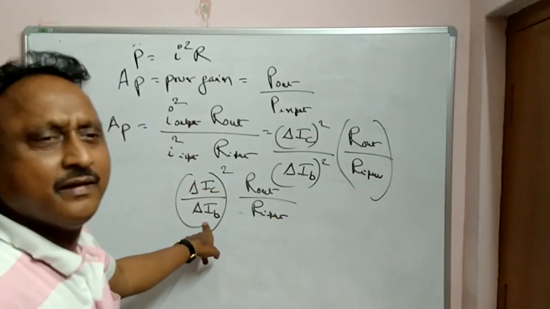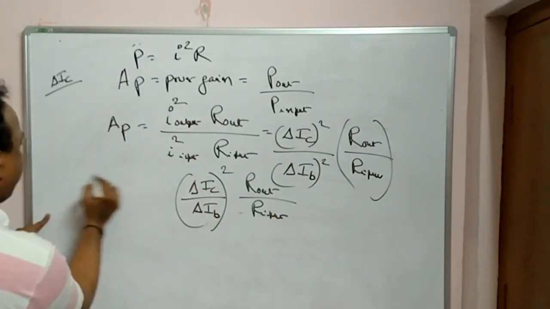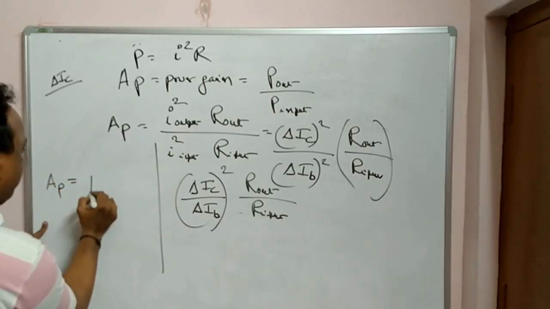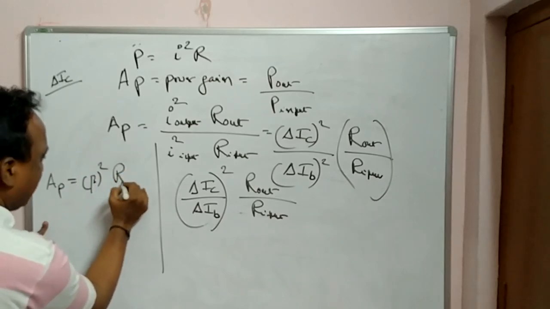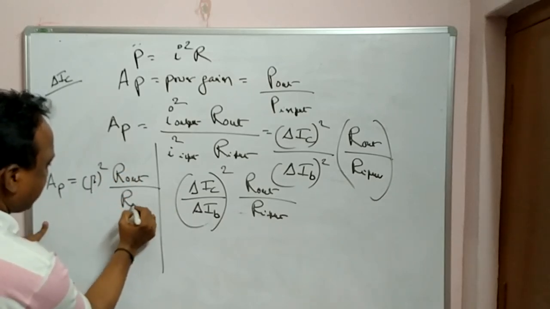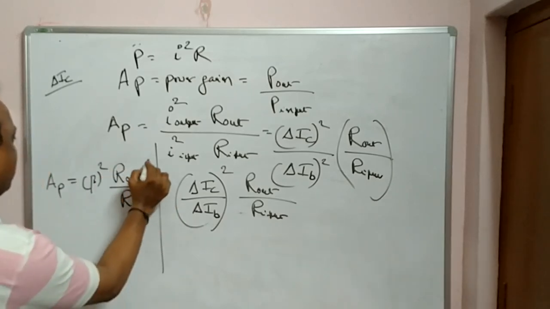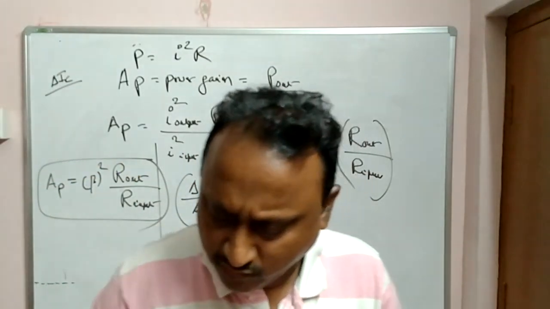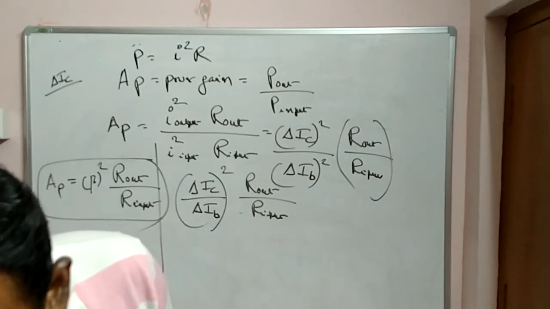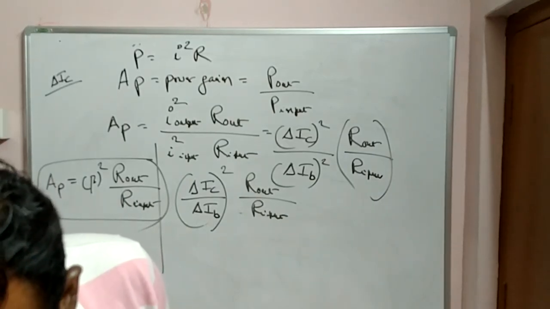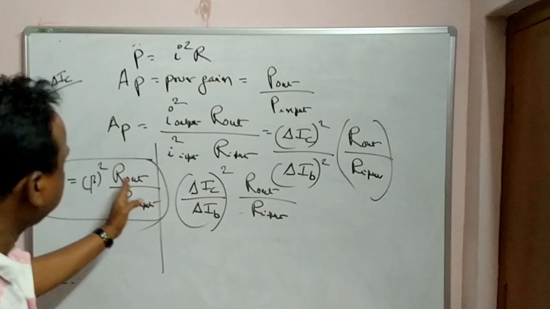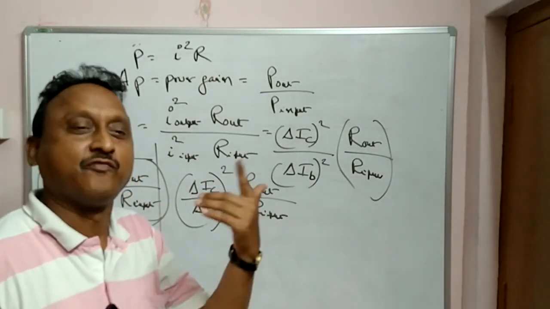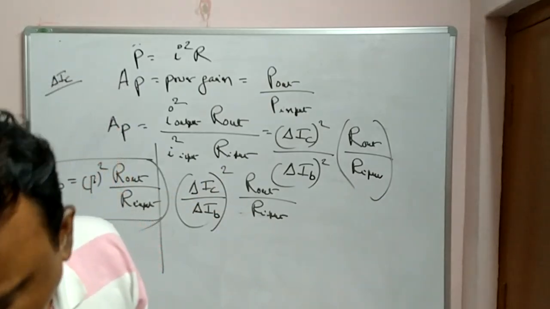Beta again. So power gain is equal to beta square into R output by R input. These are the formulas you have to remember so that you can do the problems very easily in the examination, please. Okay? Clear? And what is delta IC by delta IE? Alpha. Remember, those are the formulas.